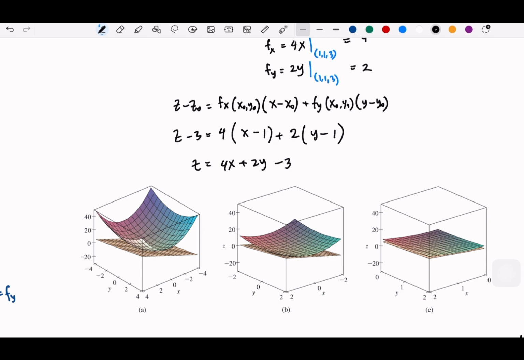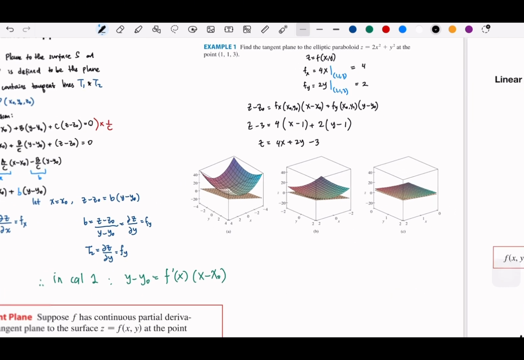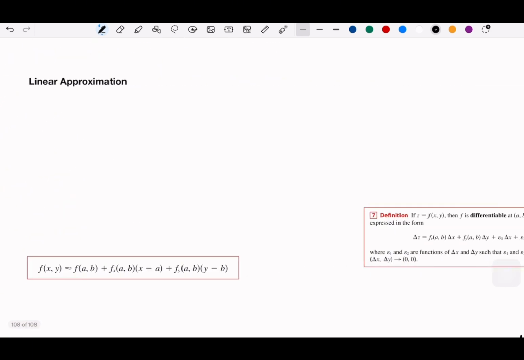So this plane equation, in terms of linear approximation, can be used as our linearization for the surface. So if we take some numbers nearby (1, 1, 3), it means that for some x and y nearby that point, we can find what the z will be. That is something we can approximate, and it will not be too different from the real surface function.